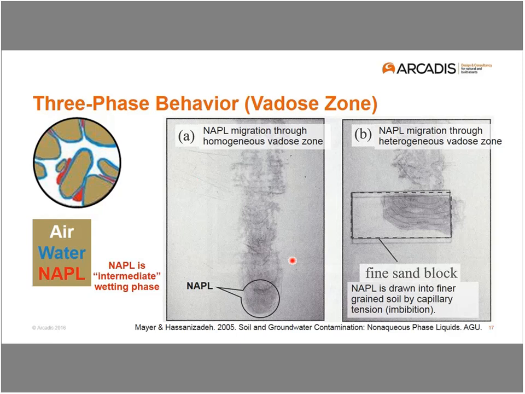What's interesting is when you put a finer grained block of soil in here, because the NAPL is an intermediate wetting phase and there's some capillary tension on that NAPL, the NAPL will get pulled into, get imbibed into a finer grained soil where there's open pore space, air-filled pore space.